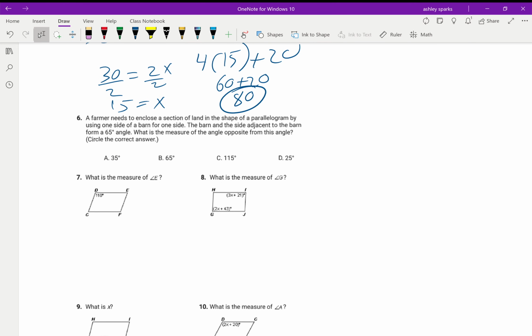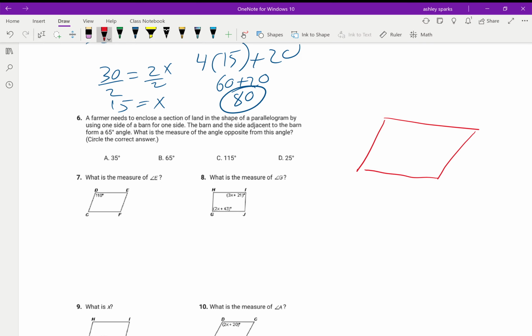Alrighty, so we're back to our farmer. He needs to enclose a section of land into the shape of a parallelogram, using one side of the barn for its side. Okay, so let's fill in my parallelogram. I think the next part is all about angles.